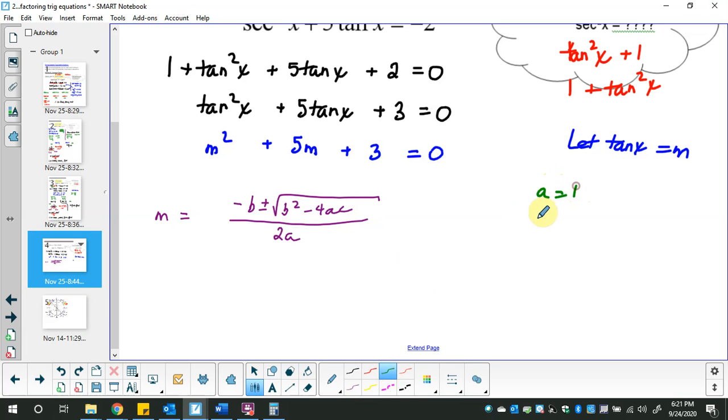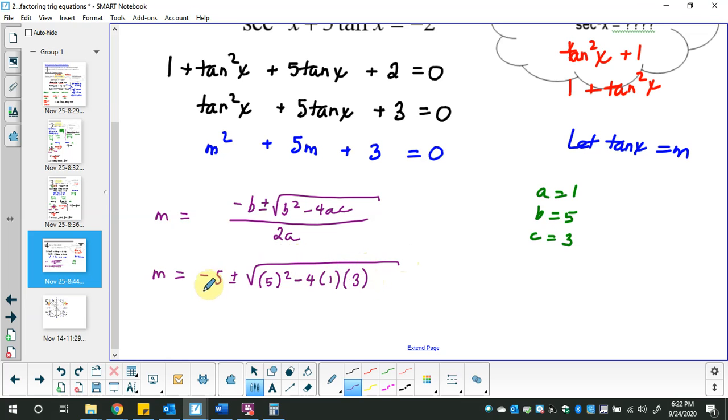A is 1, b is 5, c is 3. Watch me very carefully, make sure I don't screw up. So b is 5, so that's negative 5 plus or minus 5 squared minus 4, a is 1, c is 3, all over 2, a is 1 again.